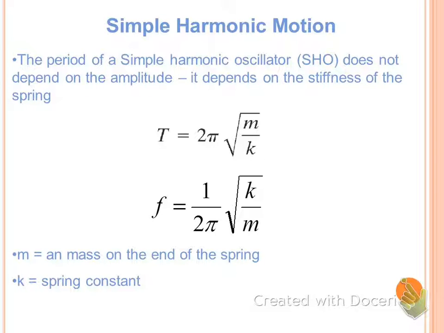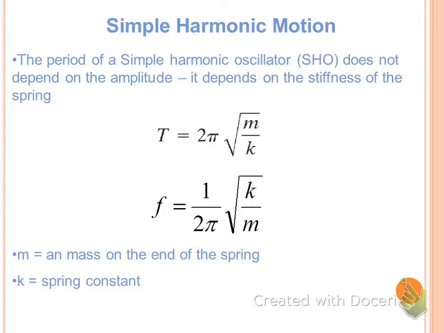Talking about things beside a spring, the period of a simple harmonic oscillator, we don't even care about the amplitude. We don't care about the distance it's traveling. The only thing that matters is the stiffness of the spring. When we're talking about simple harmonic motion and how quickly these things move, and their identical repetitive motion, we really don't care how far it's traveling.